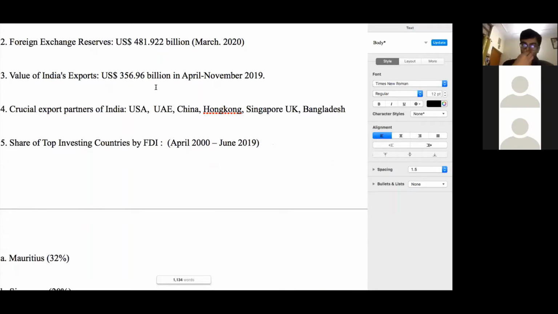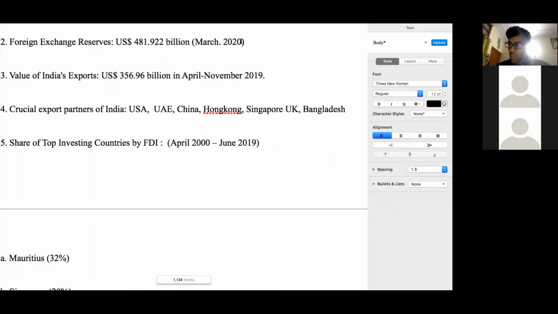India's foreign exchange reserves were $480 billion. That's the exact figure, but you can round it off to $480 billion in March 2020. Of course, we can look up the latest figures as well.